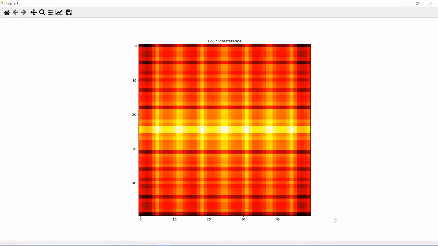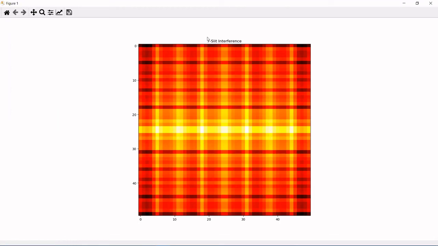So this whole distance here, which is being represented by 50 units on the axis, is actually 3 centimeters. And I think I went with 1 meter as the distance between the screen and the slits. So this is what you would expect to see with an actual laser passing through 7 slits, if you're zoomed in on a 3 centimeter by 3 centimeter square on the screen.